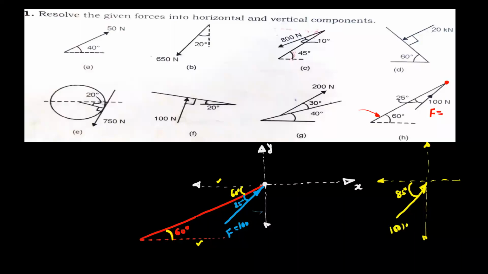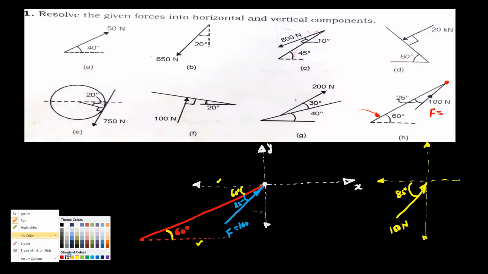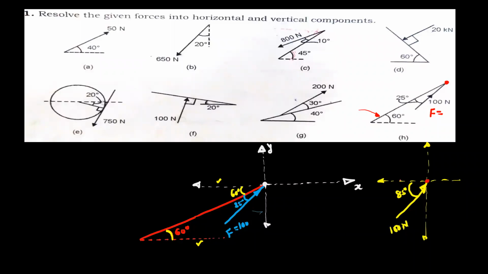This is 100 Newton. And now you can resolve the force. So you can resolve the force at the origin or at different point along the line of action. So this is Fx, this is Fy. So actually this force lies in the first quadrant. So if you extend the line of action, finally it will be in the first quadrant.